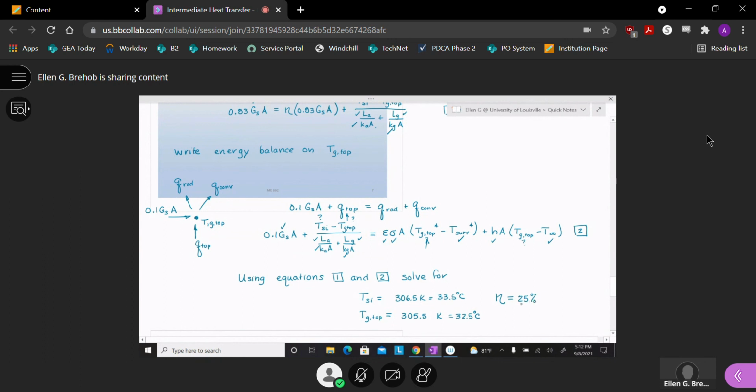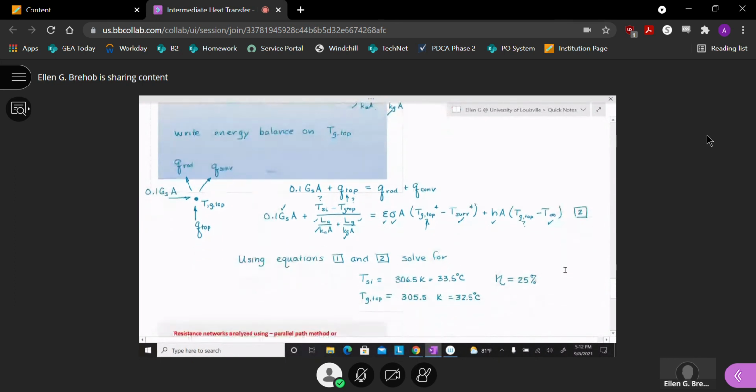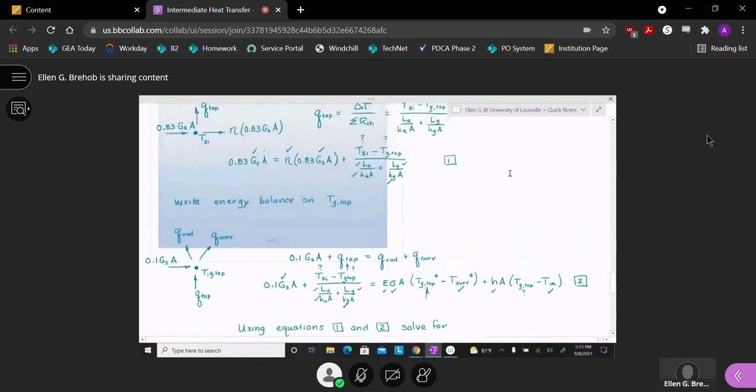So it was a lot of work setting up these nodal equations. But the bit that I wanted to talk about for a minute is that I am used to thinking about the fact that I cannot use the thermal resistance concept when I've got heat addition. But I can as long as I appropriately account for it.